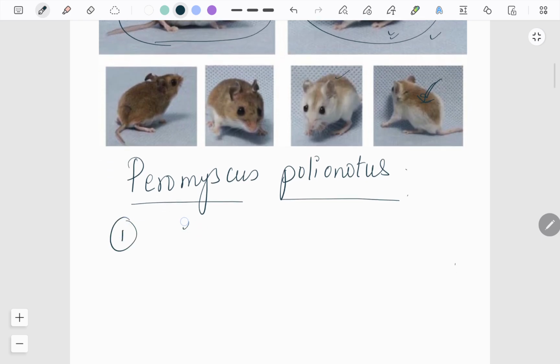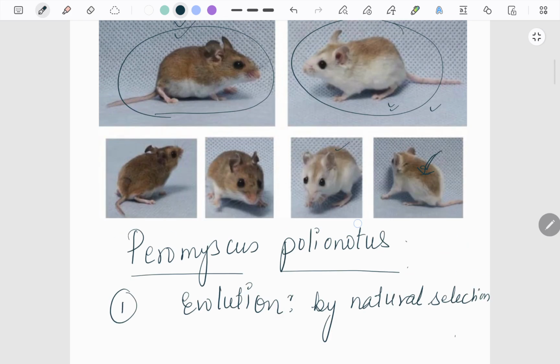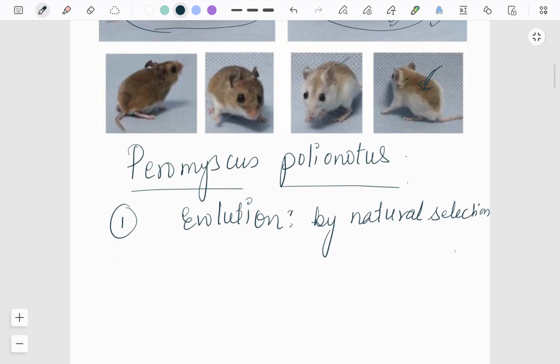So let us study the first theme, evolution, and it is the evolution by natural selection for crypsis. So what is crypsis? Hiding fully in the background, to protect itself from the predators.